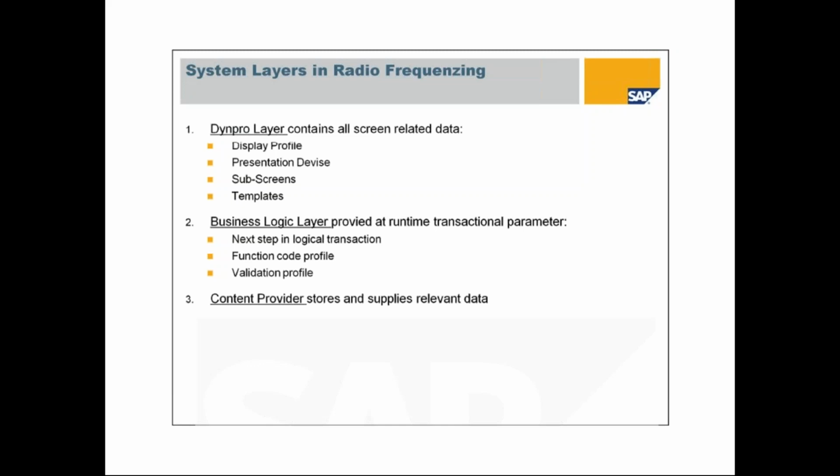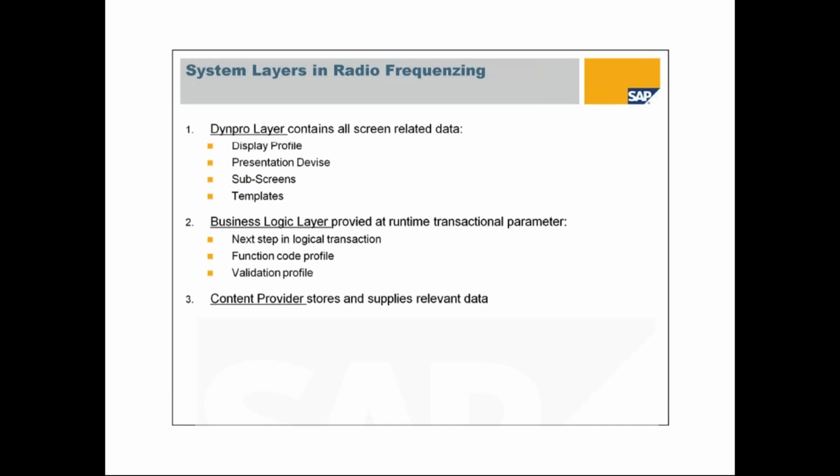That means some validation is happening, and that can be fulfilled through validation profiles. Next, content providers. A content provider pulls the data from the server's database and supplies it to the RF device transactions.